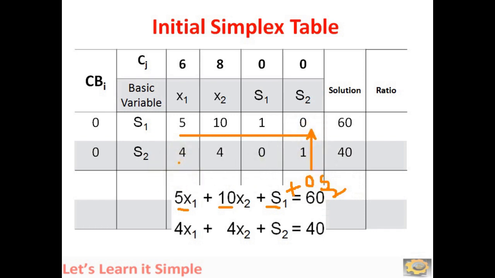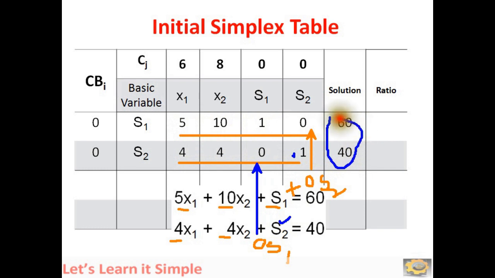Now in the second row, we have 4 for x1, 4 for x2, and nothing for s1, so 0 for s1, and 1 for s2, which is here. So 5, 10, 1, 0, 4, 4, 0, 1. So we need to fill the first and second rows. Now the solution is 60 and 40, which is taken from the first constraint and the second constraint. So in this way, we need to fill the contents of the initial simplex table.